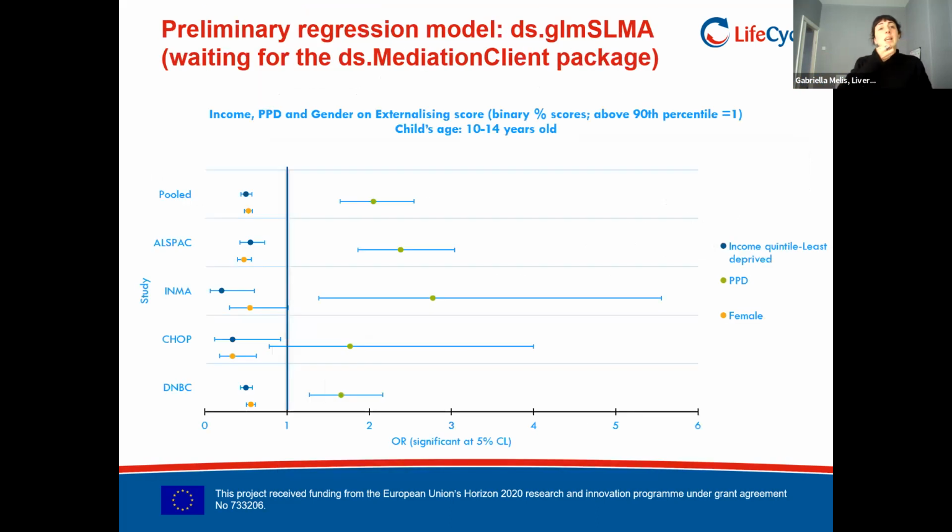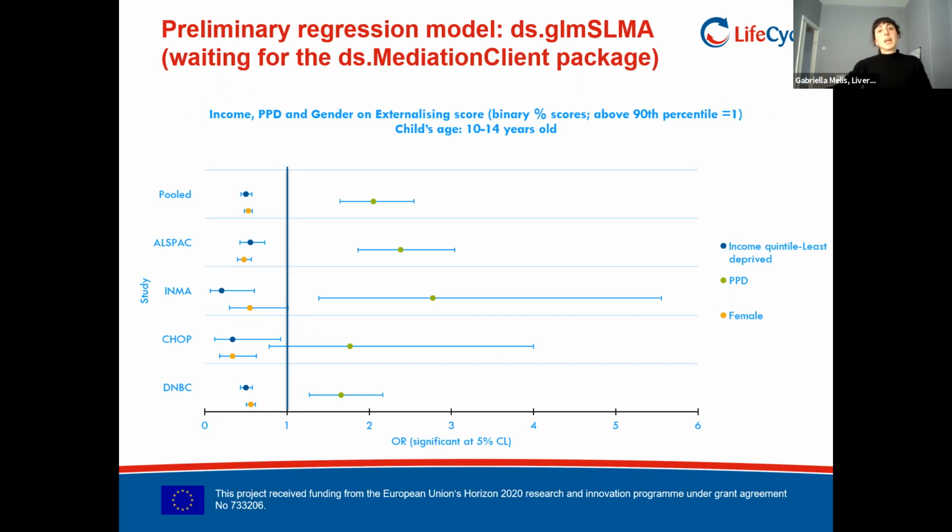So this is, I would say, my almost final slide, because in this slide I present the results of one of our preliminary models on the assessment of the effect of income, postpartum depression and gender on the binary outcome for externalizing issues.